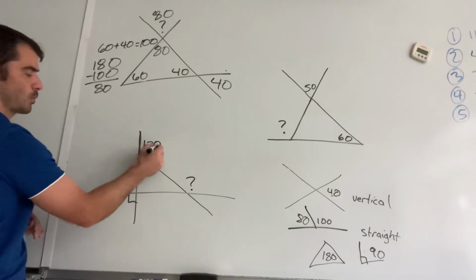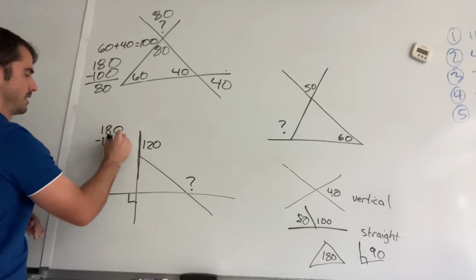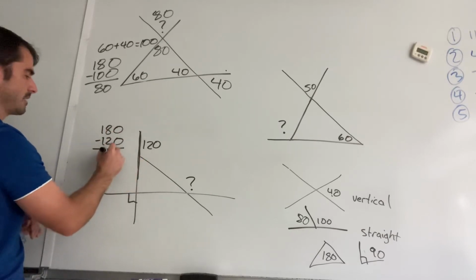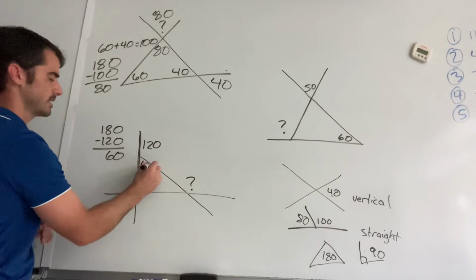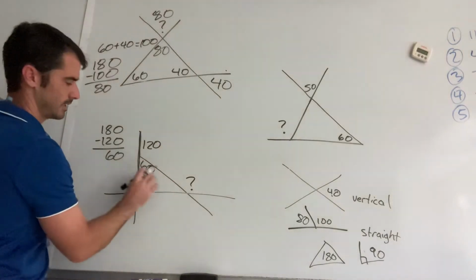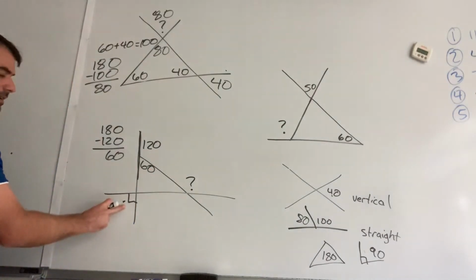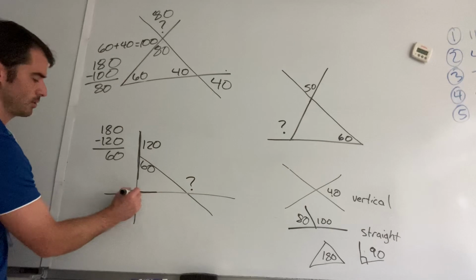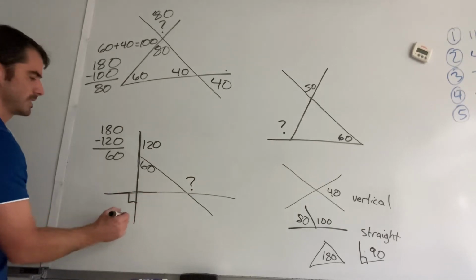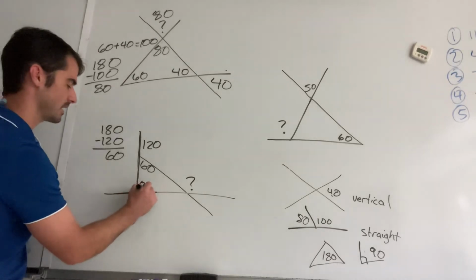So if 120 is here, and there's a total of 180, then I can subtract that and find out that here is 60. I'm working my way. Can't use this. I got 90 here, and I got two lines that cross each other, which means I've got vertical angles. So if this is 90, then so is this.